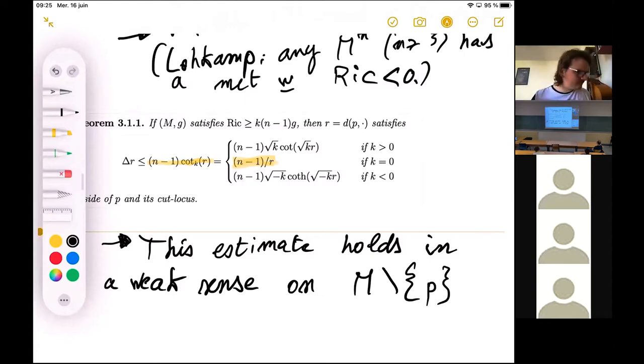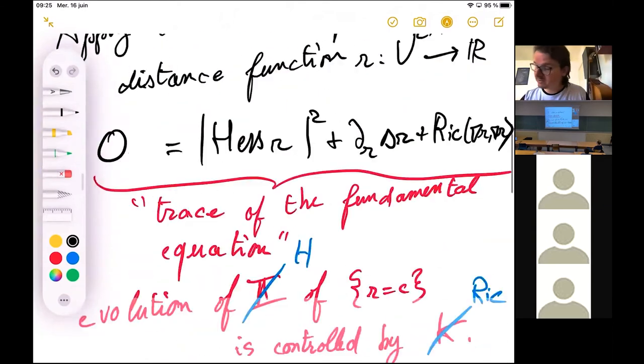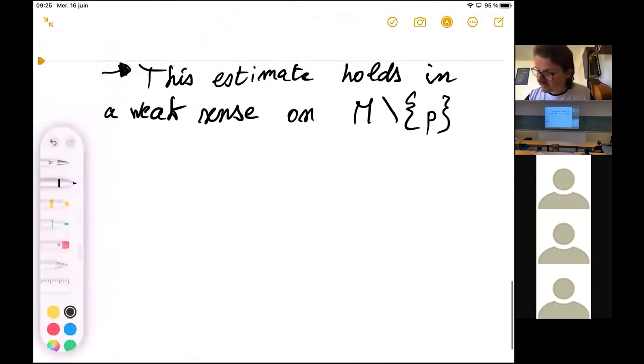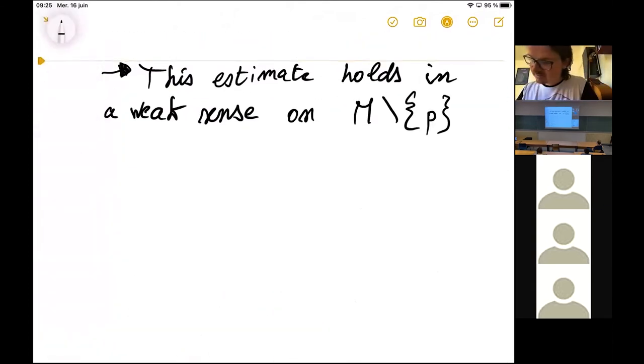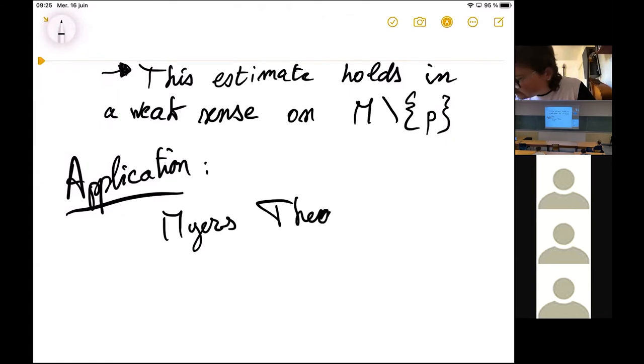Okay. So maybe an application of that. The first application is probably a theorem that you encountered in your first Riemannian geometry lectures. Myers' theorem.